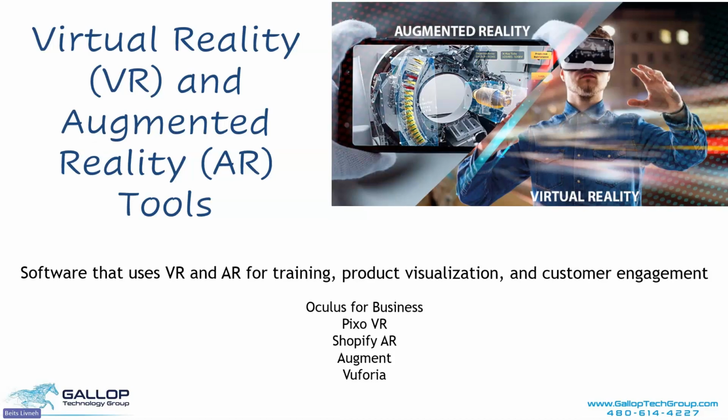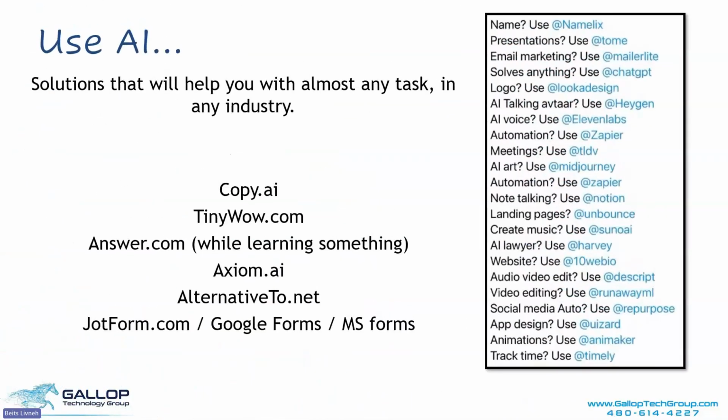Something to think about. And of course, using AI. There are thousands of tools out there today built on AI, and look at some of those examples over here on the right side in the box. You can save so much time, and so many things can be done more efficiently and way faster if you use AI.